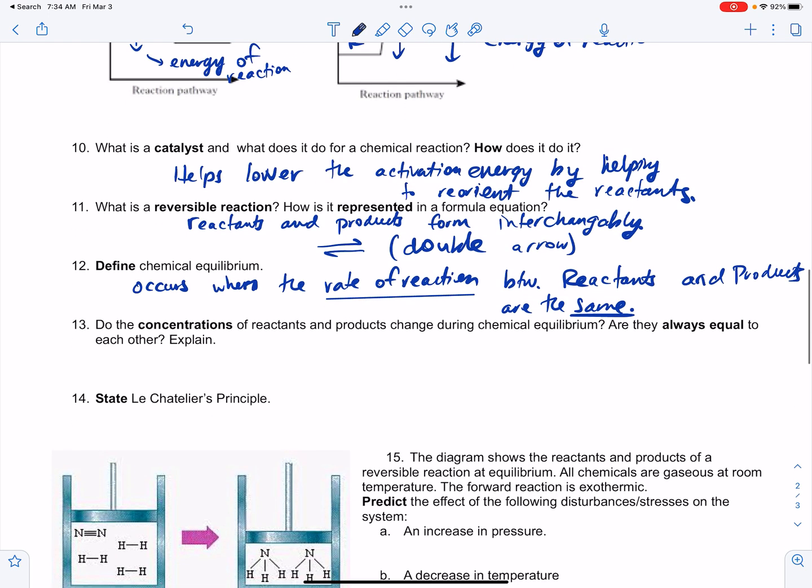Do the concentrations of reactants and products change during chemical equilibrium? The concentrations do not change, but they do not need to be equal.